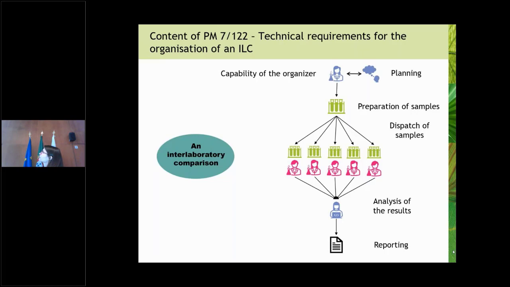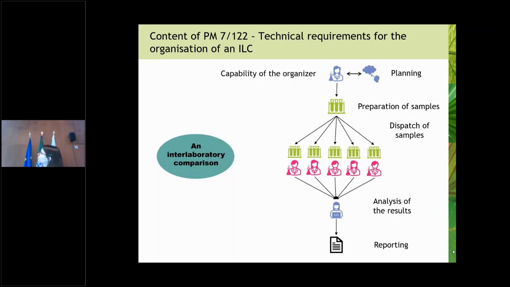Then you have details about the planning, because all those steps should be planned in advance, and the organizer should be able to describe all the tests and think about all the possible problems that he could encounter when organizing the TPS.